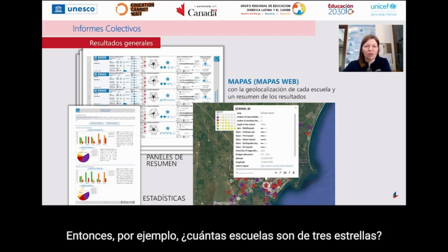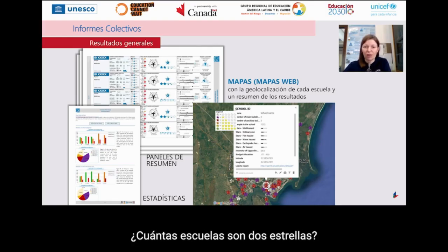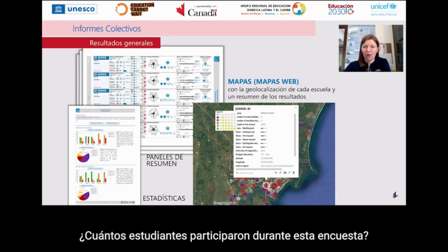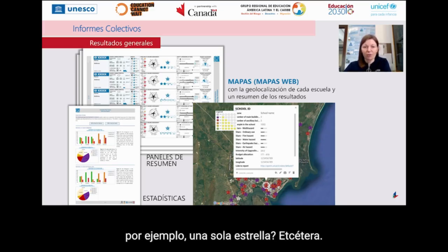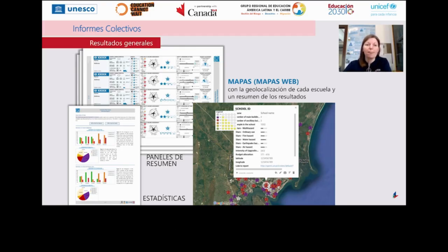So concerning, for example, how many schools are 3 stars, how many schools have 2 stars, how many schools require relocation, how many students were involved during this survey, how many students go to a school with, for example, 1 star only, and so on.